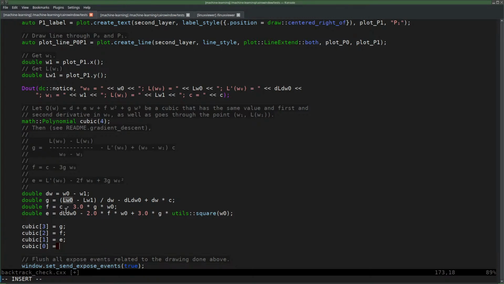So I must start with this value and then subtract the cubic at W0 from that.